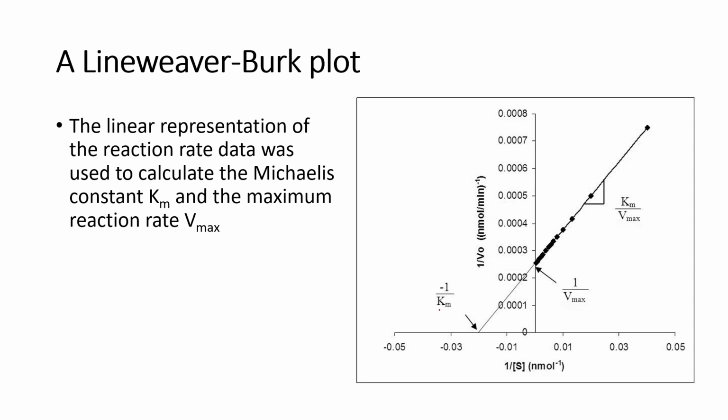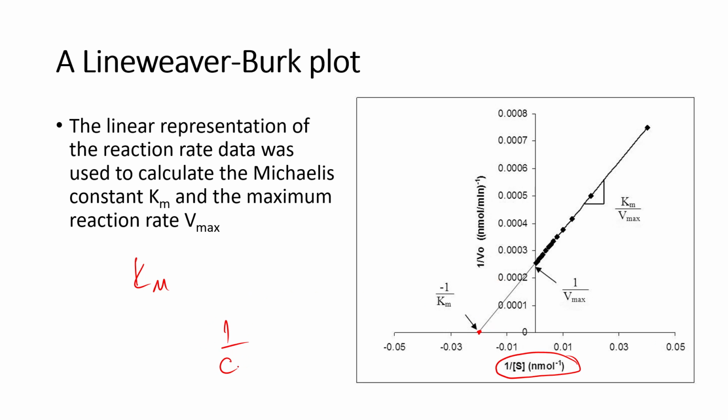To find the Michaelis constant, we need to tie it to our x-axis. In this case, you see that the x-axis represents 1 over concentration. So it is 1 over some concentration at the point when our graph intersects this axis.